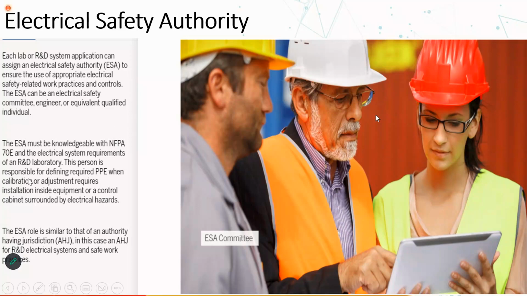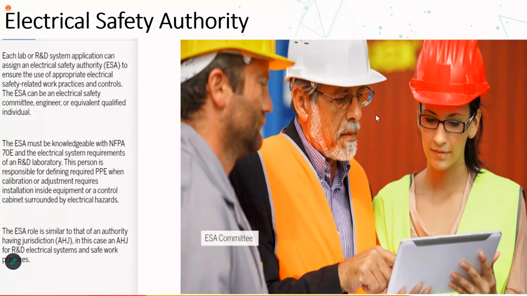This person is responsible for defining the required PPE when calibrating or adjusting, or for installation inside equipment or a control cabinet surrounded by those electrical hazards. So this person will be responsible for advising what type of PPE is required in order to perform the job. The ESA role is the same as the role of the AHJ, which is defined in chapter number 1.